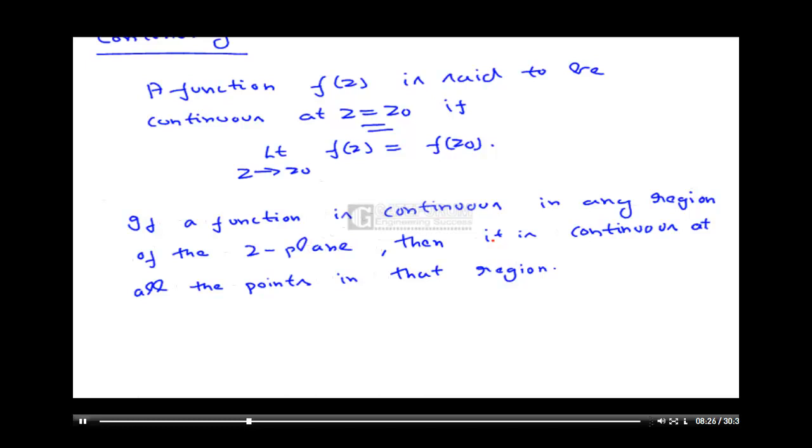Okay, now we'll see the main topic in this, that is the derivative of complex function f(z).